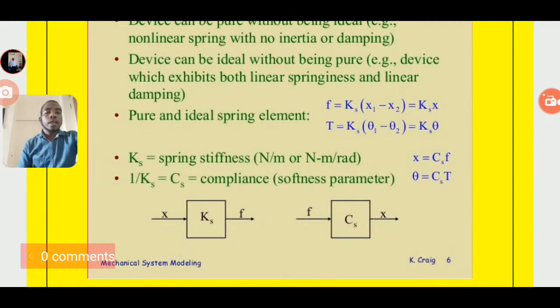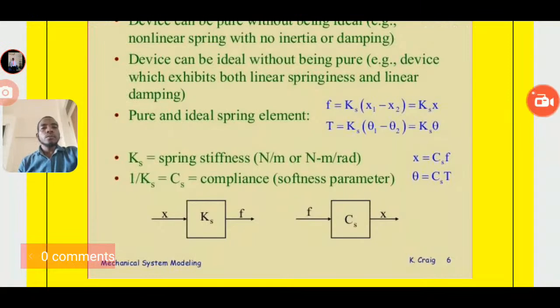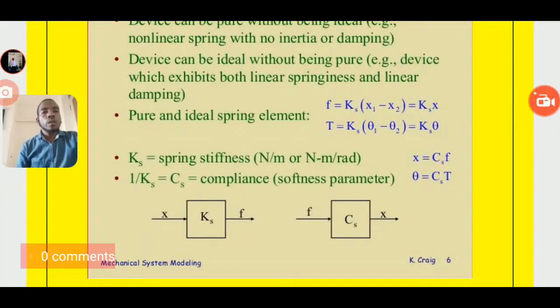And T is equal to Ks into (theta 1 minus theta 2), which is Ks of theta. Here T is tau, which means the torque, and F is the force.